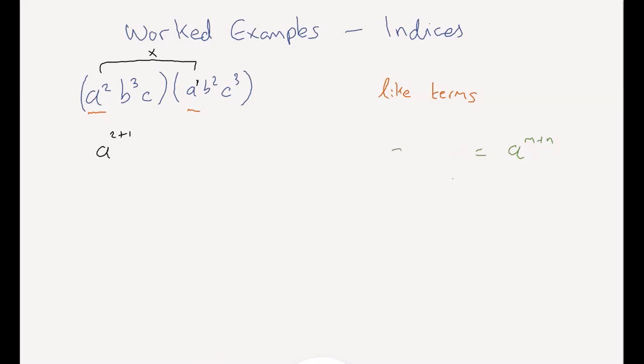It's actually a to the m multiplied by a to the n. Okay, so that's the formula. So in this case the m is 2 and the n is 1, and they're being multiplied, so that gives us a to the 3 for that one.